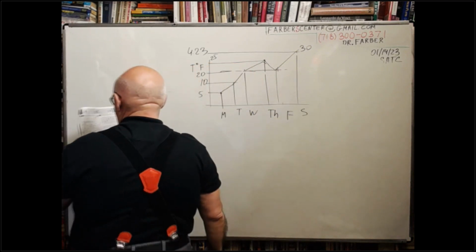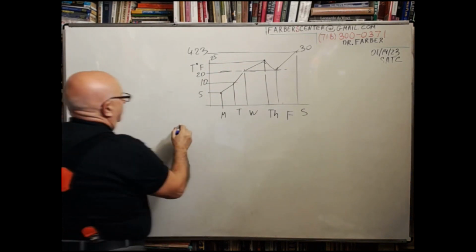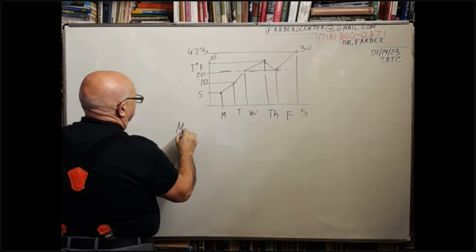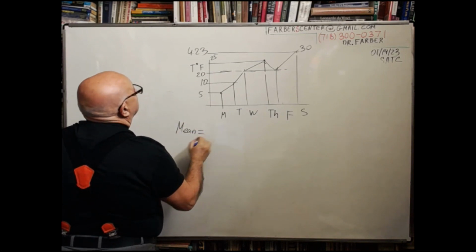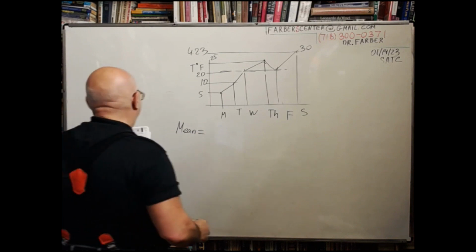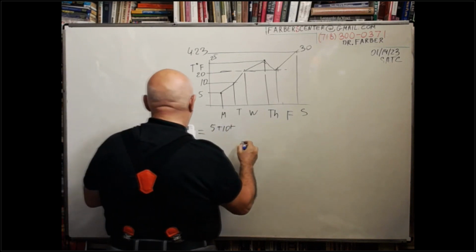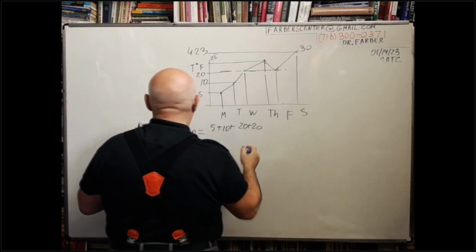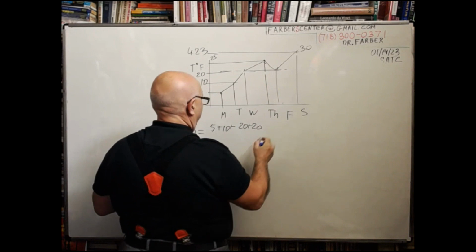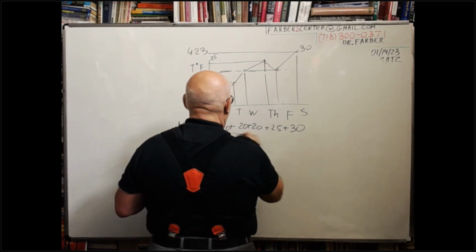And that's the mean. How to find the mean? Mean is the same as average. So add them up: 5 plus 10 plus 20 plus 20, this 20 also, plus 25 and plus 30, and divide by how many days?